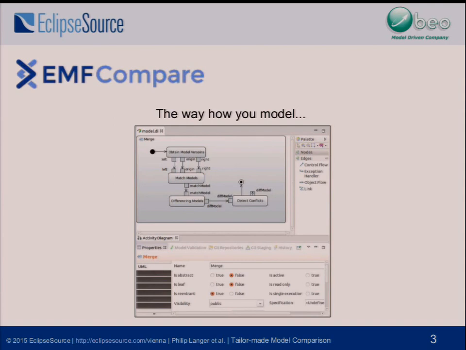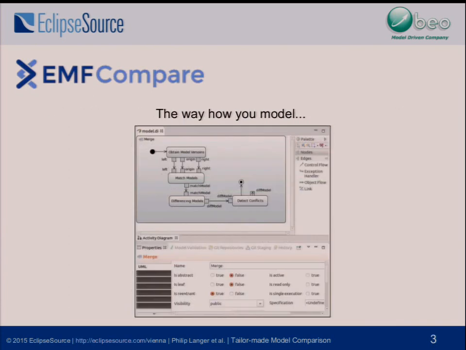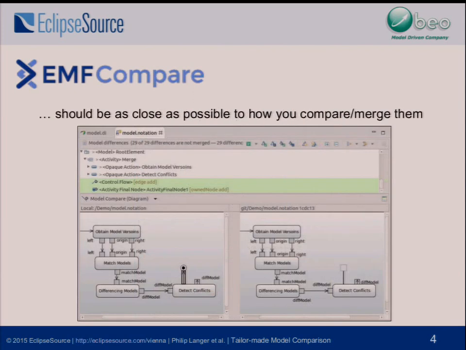So in this example, we use Papyrus. You have a visual representation, you have property views and all this stuff. And when you do change your models, you obviously want to get also the changes that you did to these models at the same representation that how you originally applied this model. So the way you model should be as close as possible to how you compare and merge them.